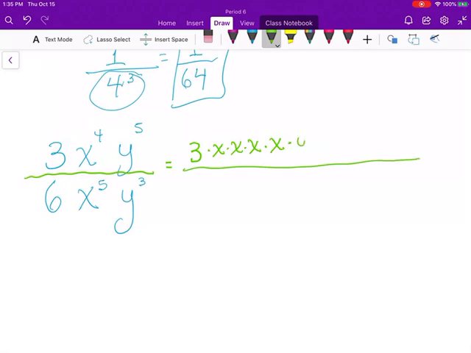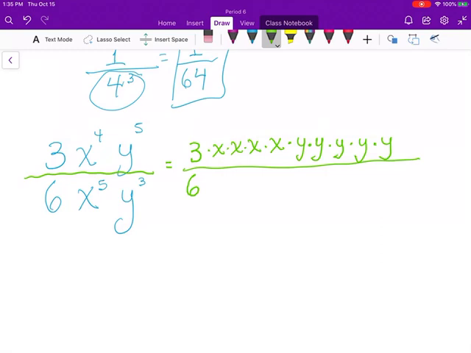Now my y's. 5 y's. 1, 2, 3, 4, and 5. All right, you're copying this in your notes, please. On the bottom, we have a 6.